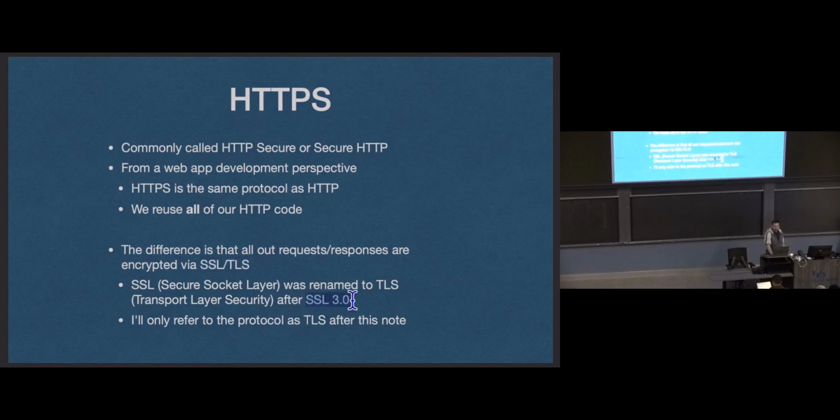Once they were going to do SSL 3.0, they renamed it to TLS 1.0. So they just switched the name of it. And some libraries, including the one we'll use to generate certificates, is still called OpenSSL. OpenSSL actually implements TLS these days, but they're not going to change the name of the library to reflect the name of the protocol name change.